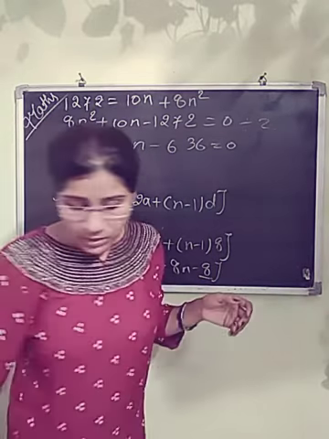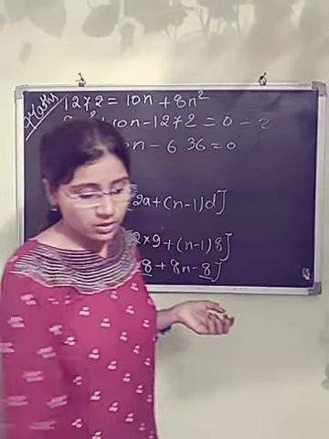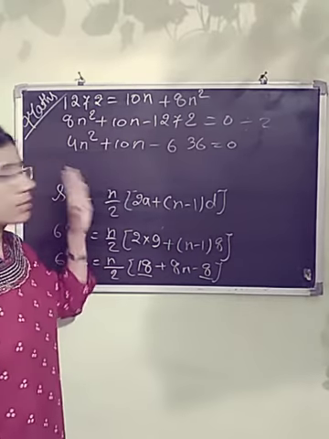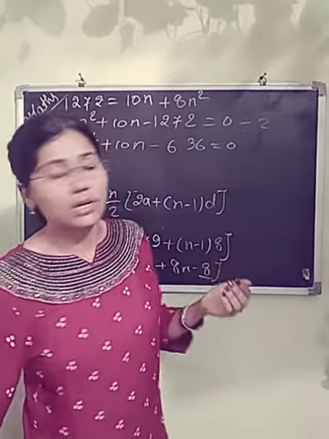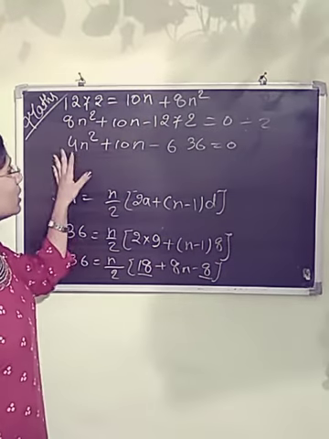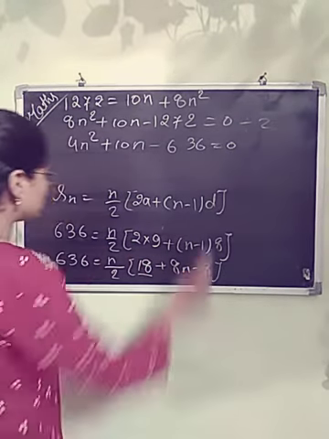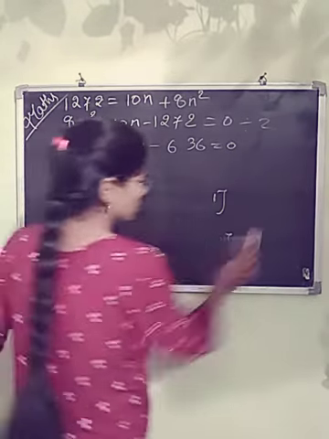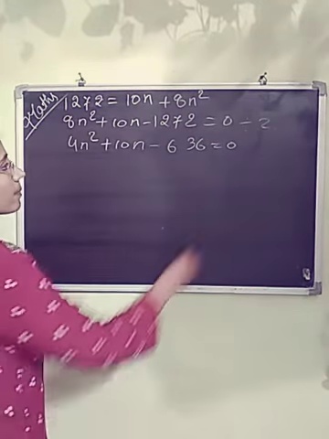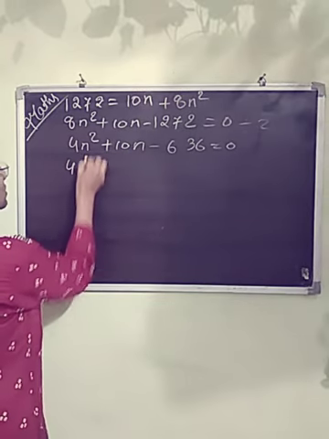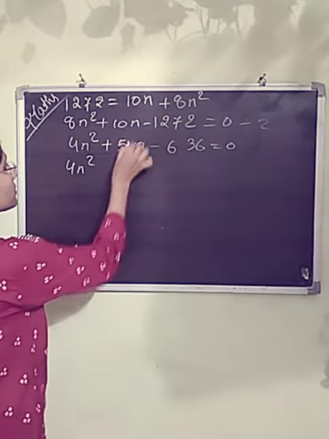Now the thing is splitting: how do we split this? You might have a question in your mind. As we have told you before, you have to use splitting the middle term, so the same concept applies. You multiply a and c. So after multiplying a and c, what do we have? Oh sorry, here it will be 5.